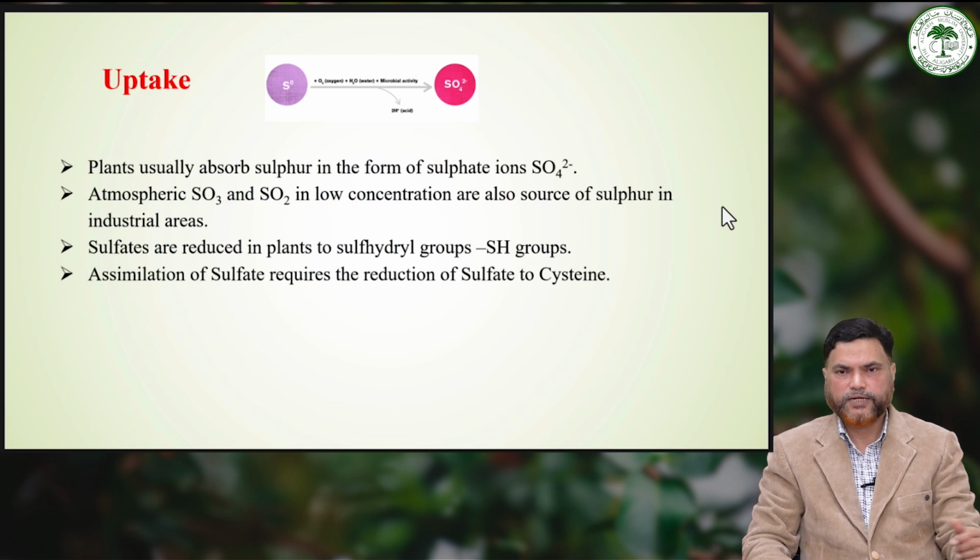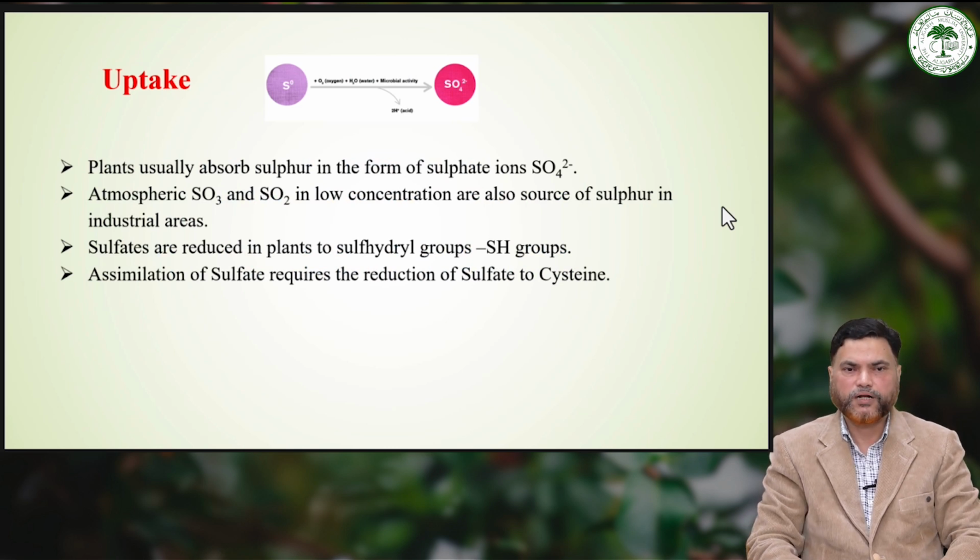So, you see that usually plants absorb sulfur in the form of sulfate ion, and plants could also get sulfur from the atmosphere. Generally, sulfates are reduced in plants to the sulfhydryl group, and the assimilation of sulfate basically requires the reduction of sulfate to cysteine.